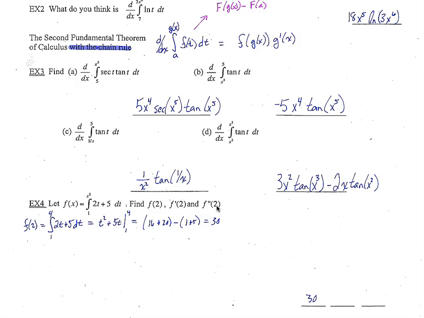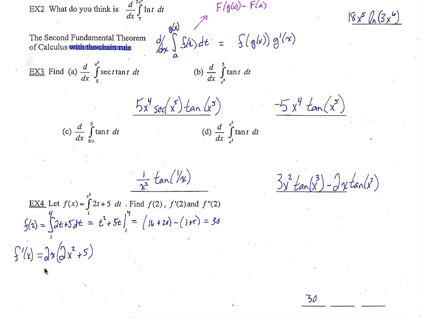Now to find f prime of 2, we've got to find f prime. So f prime of x is simply equal to, we're going to rewrite the integral function using the upper bound, which is 2x squared plus 5, and then we're going to take the derivative of the interior function, the x squared.